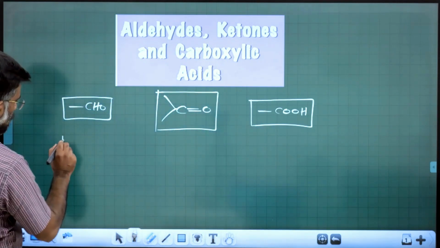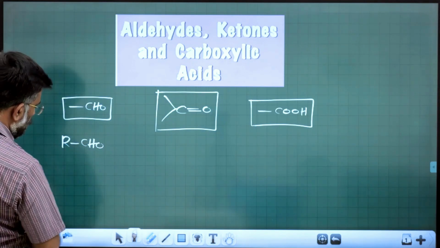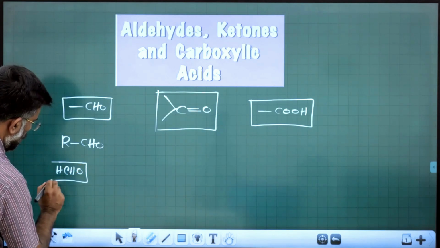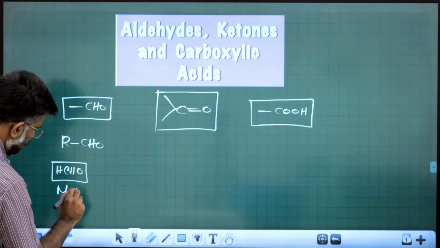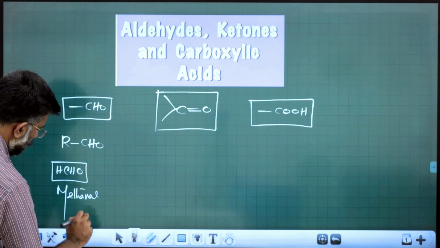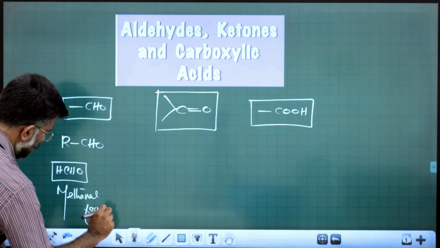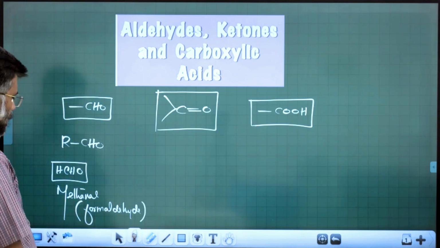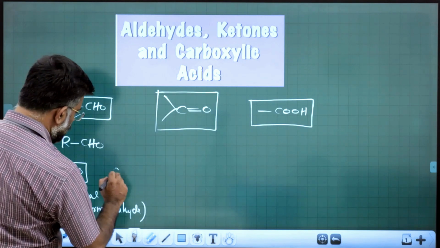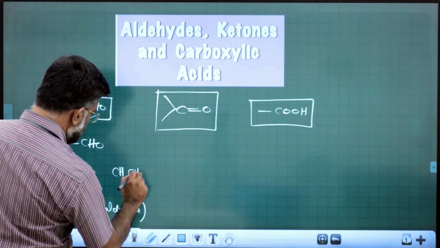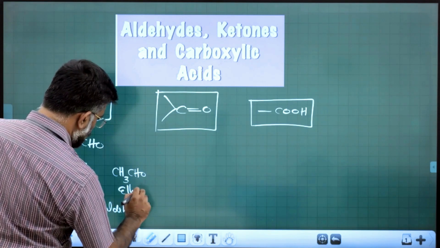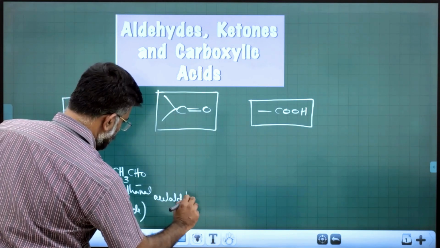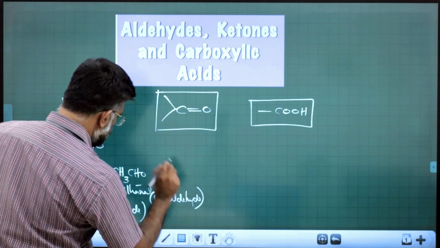So aldehydes will be represented as RCHO, and the simplest aldehyde is HCHO, formaldehyde, methanal. That is the simplest aldehyde, formaldehyde. The next member is acetaldehyde, CH3CHO, ethanal.